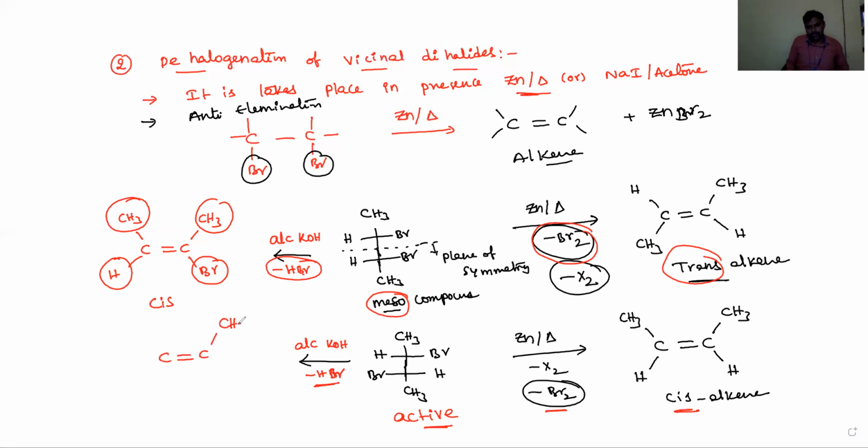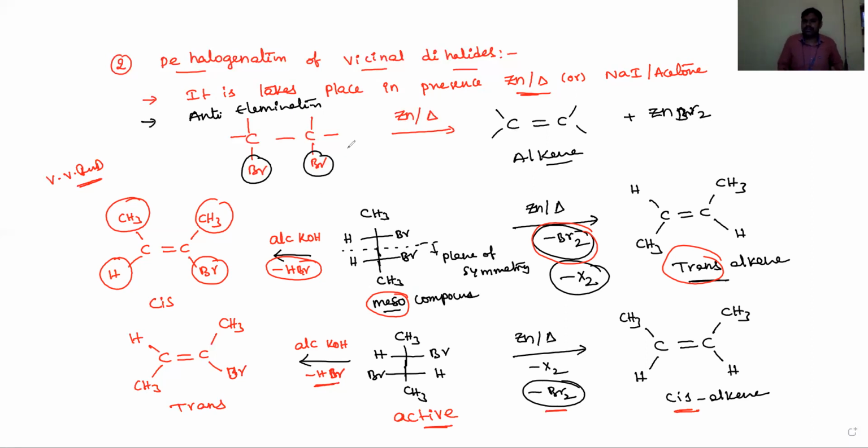That is, both the methyl groups, or phenyl C6H5 in place of methyl, no problem, with bromine and hydrogen, then it is trans. These are very, very important, dear students, stereochemistry.